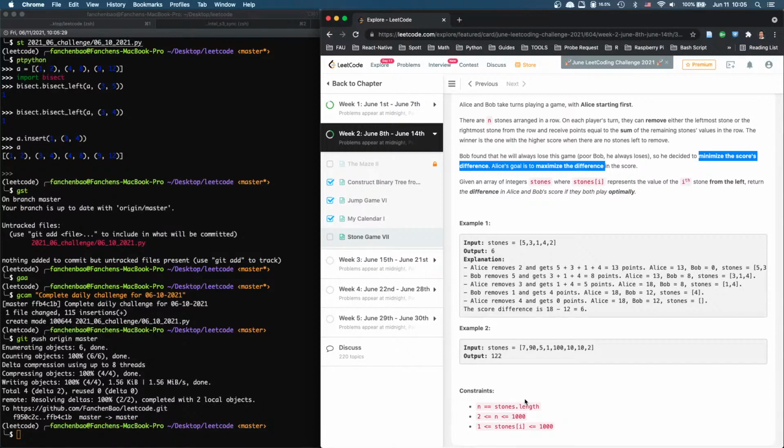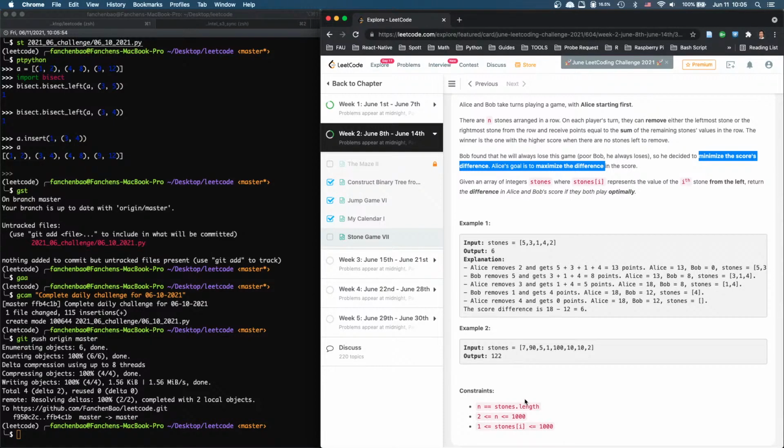Yeah, if you think about it in this case, both have some scores, and Alice gets N3, and Bob gets N2 plus N3. And that's N2. The difference is N2.